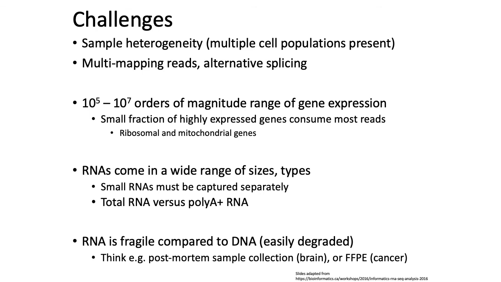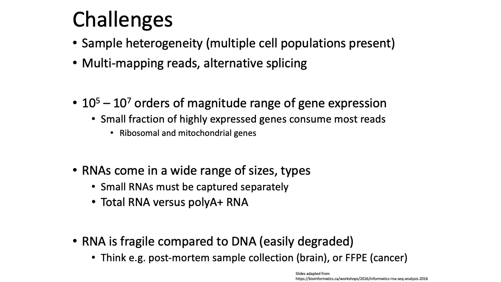Another classic problem of RNA sequencing is that you can have a huge range of gene expression levels across the different genes in your cell. For example, ribosomal genes and mitochondrial genes are typically some of the most highly expressed genes in any given individual cell, and so they tend to dominate the reads that you sequence.